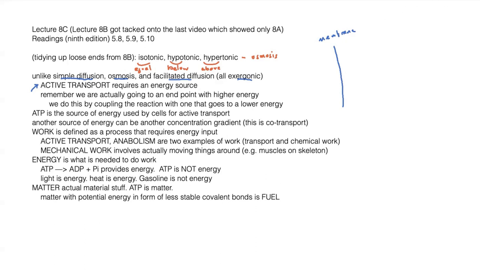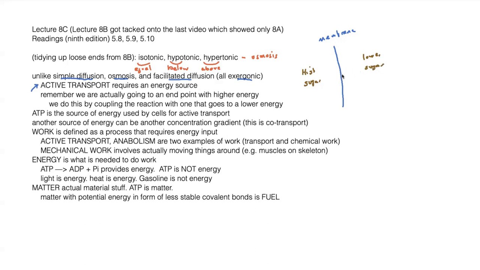Okay, and maybe we have a high concentration of sugar inside because we're storing sugars, because maybe we're an orange, right? And we might have a lower sugar concentration outside, right?